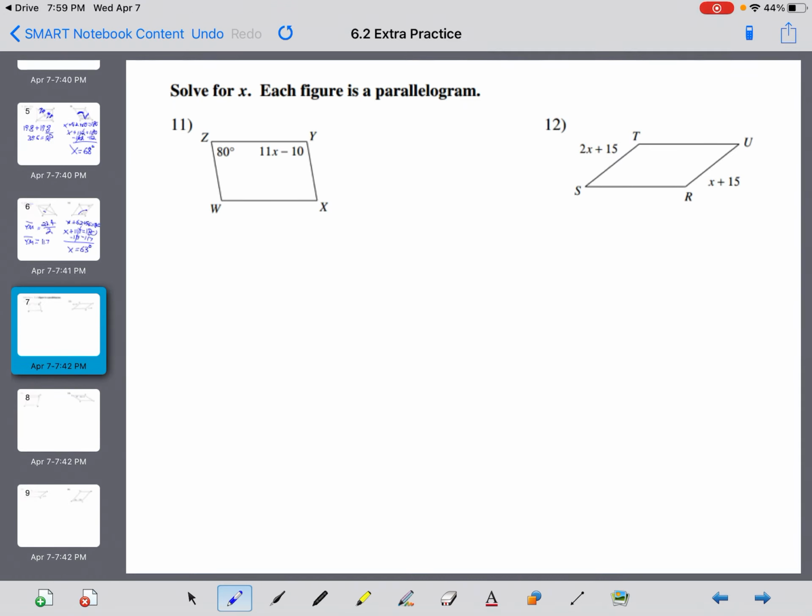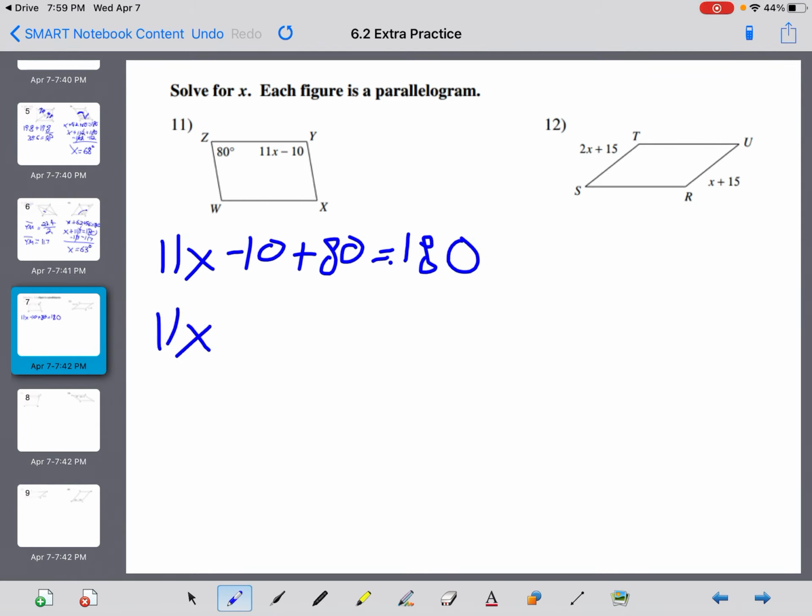All right. Solve for x. Each figure is a parallelogram. So we have 6 questions left. We're going to solve for x. And when I look at number 11, I notice right away that these are consecutive angles. So 11x minus 10 plus 80 needs to equal 180. 80 minus 10 makes 70, which equals 180.